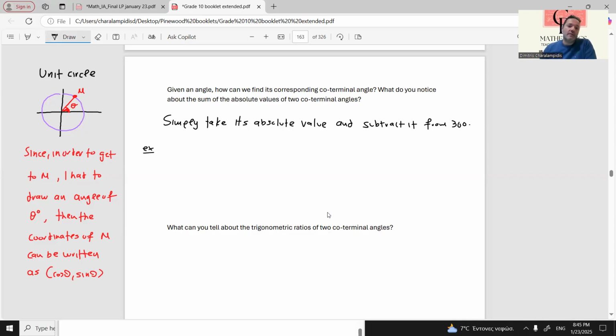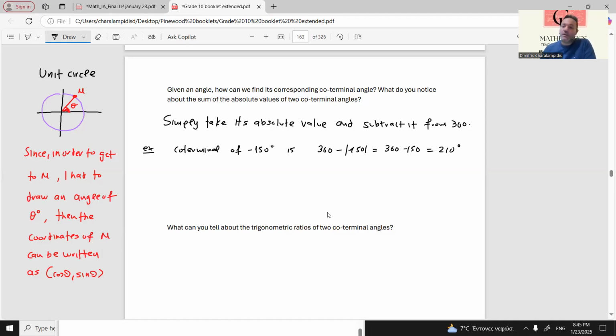For instance, the coterminal of minus 150 degrees is 360 minus the absolute value of minus 150, which means 360 minus 150 equals 210 degrees.